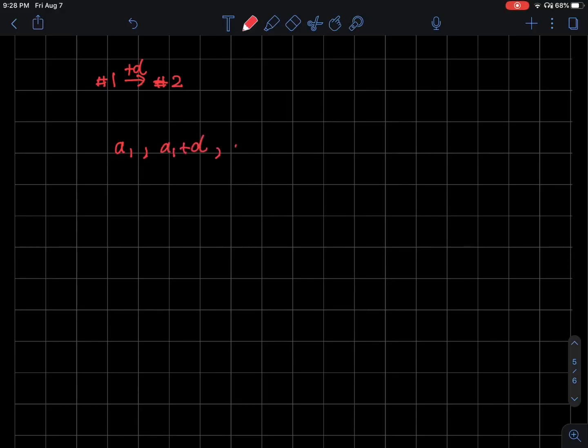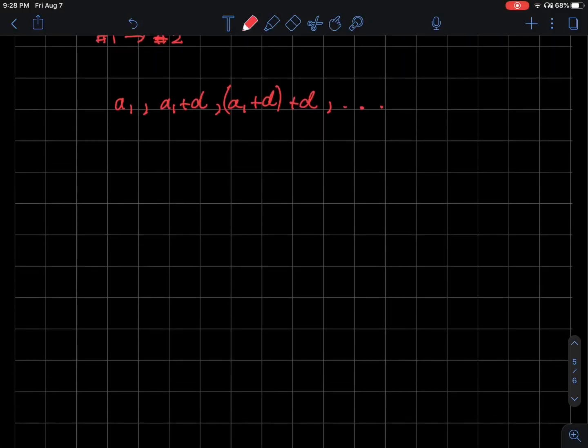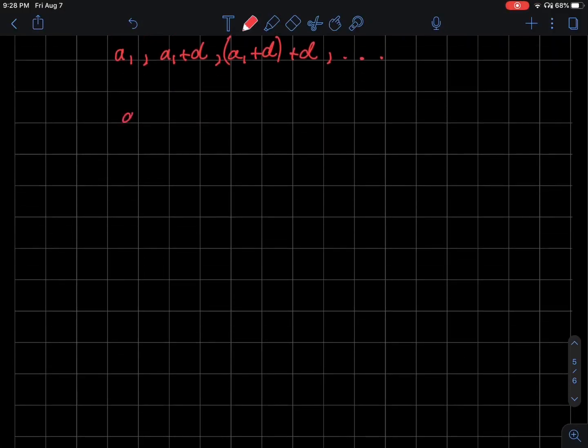And the third term can be written as a1 plus d plus d. And this pattern keeps going, which means if you take any arbitrary term in the sequence an, it can be written as the previous term, which is an-1, plus d. And this is the recursive definition for any arithmetic sequence.